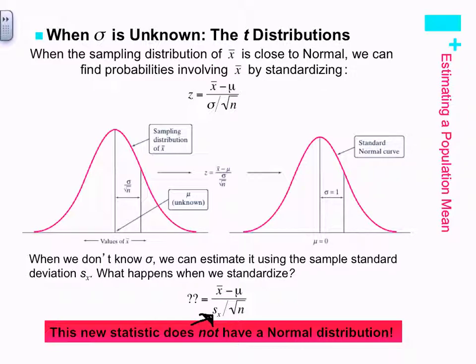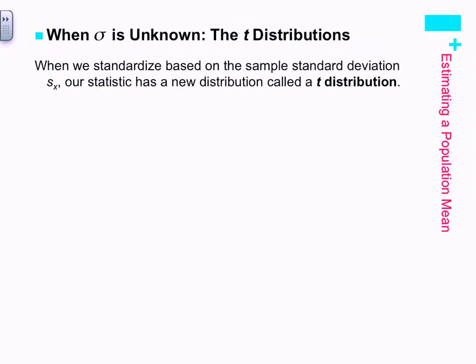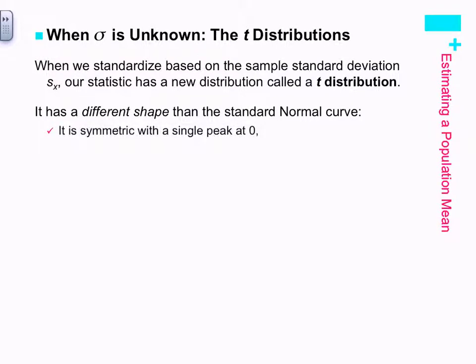And so this is not going to be our z-critical value. It's actually going to be our t-critical value. So we will see that our statistic, with the standard deviation for our sample, has a new distribution, and it is going to be called our t-distribution. So it is a bit of a different shape than our normal standard curve.